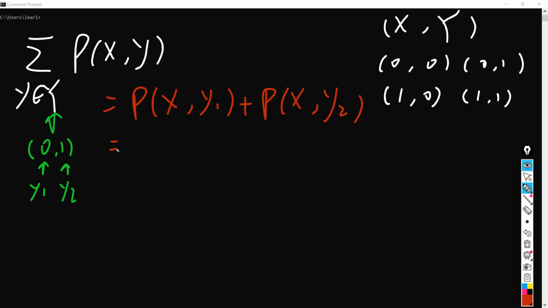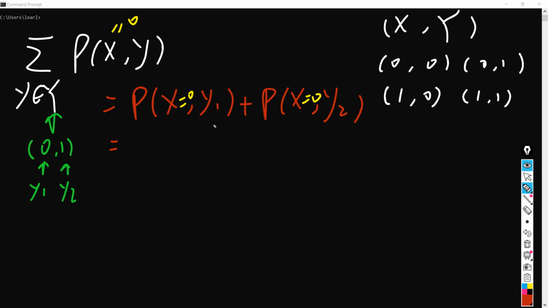So let's take a look at this. When y equals 1, that is 0 here. Probably we can add another condition here, for example, x equals 0. So when x equals 0, y1 equals 0.